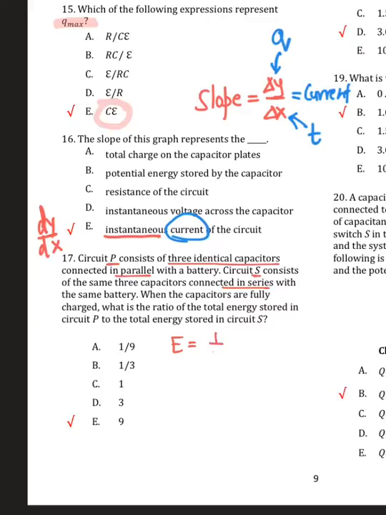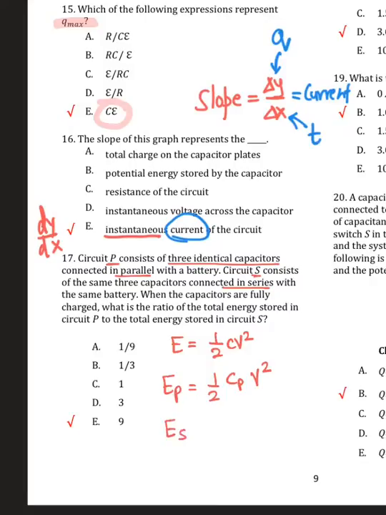So energy is half CV square. For circuit P, we can write half, and the C equivalent, so I'll write it as CP for the equivalent capacitance in parallel, and V square, that's the battery's voltage.